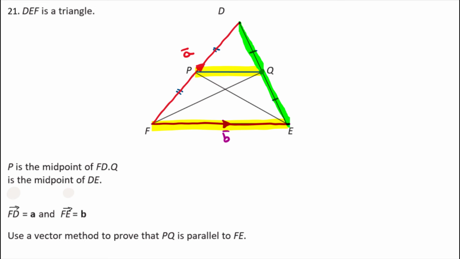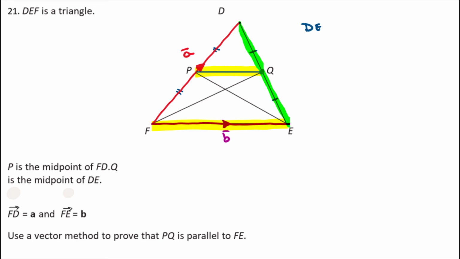I could go from D to E, and that would be the same thing as going from D to F and then F to E like that. So I'm going to find DE in terms of the vectors that I know. Then I'm going to find DQ, and once I've got DQ, I should be able to start navigating around my shape a little bit easier. Sounds long, but we'll get there. Right, so what is vector D to E?